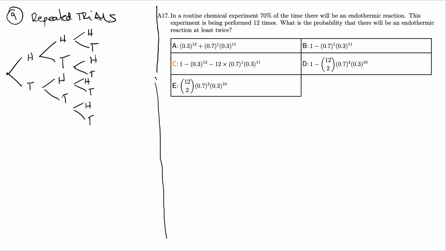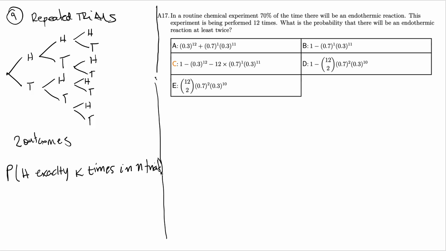There's a particular case of repeated trials where you have two outcomes. So for example, this one where you toss the coin, okay? And we learned that if we want to find the probability of having an event, for example, heads, exactly k times in n trials.